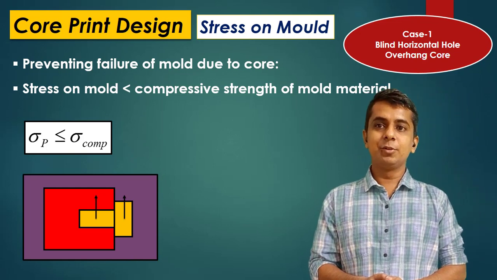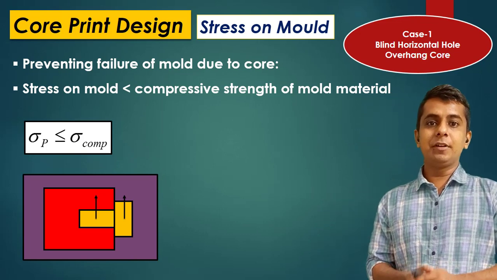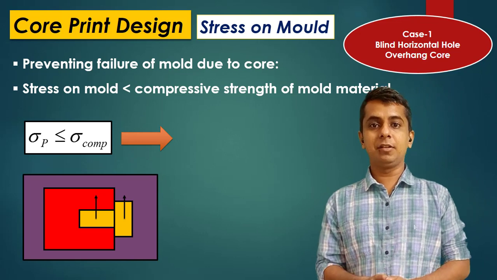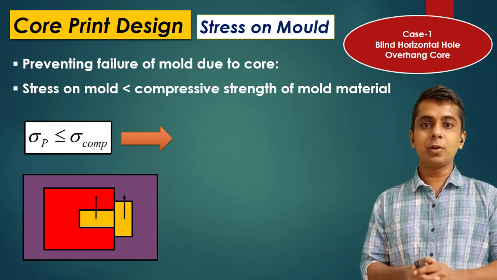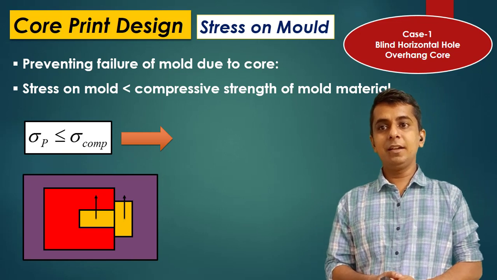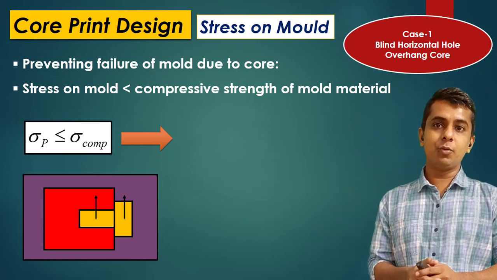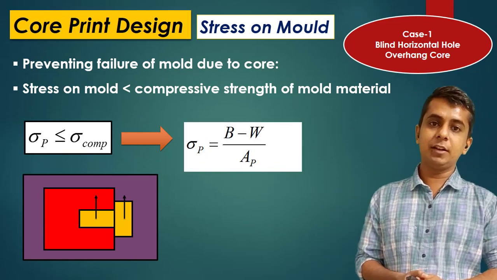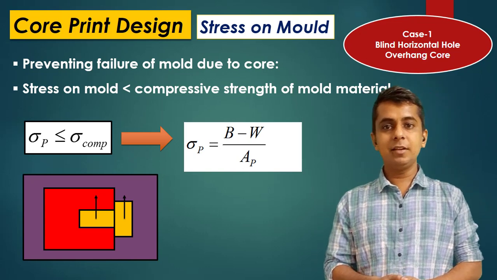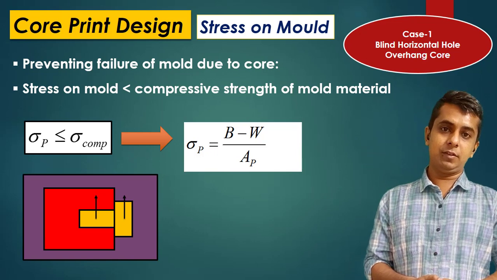So how do we determine this crushing stress caused by the core print on the sand mold? That is the resultant force divided by the projected area, that is the stress sigma p. Here there are basically two forces.